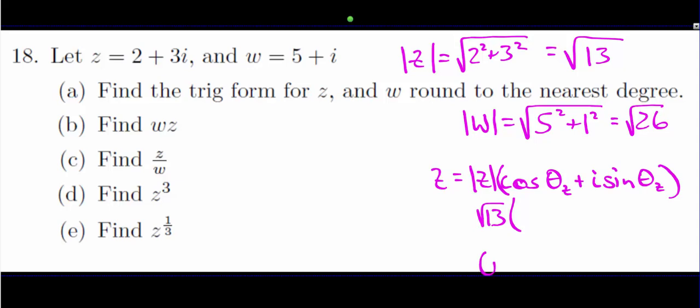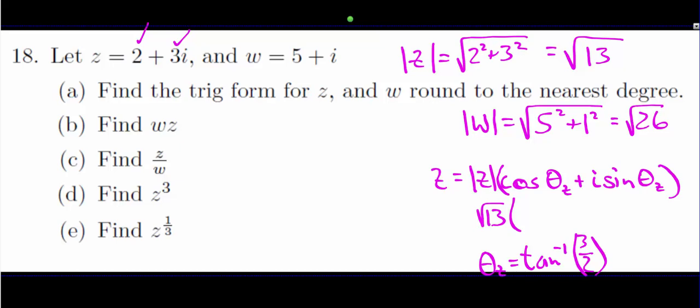Now the angle is going to be the inverse tangent of 3 over 2. See? It's the inverse tangent of the y over the x. Now that's true if you're in quadrant 1 or 4.